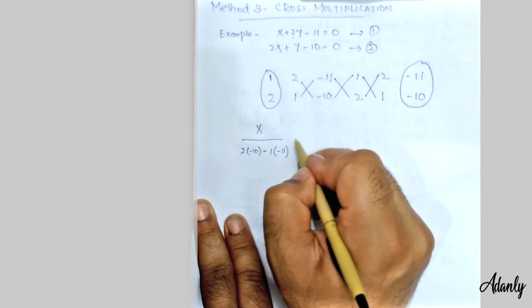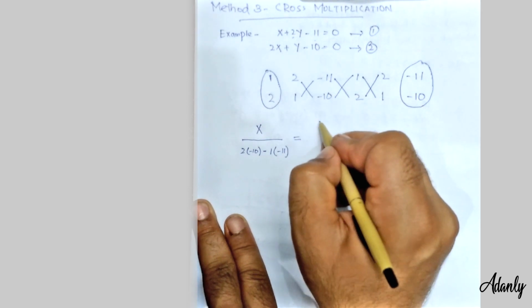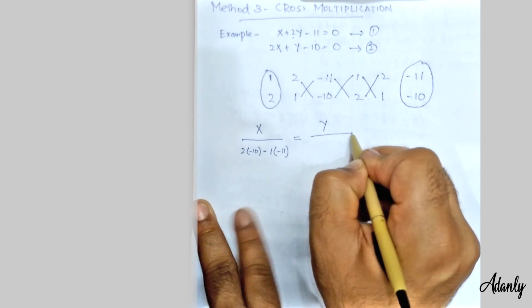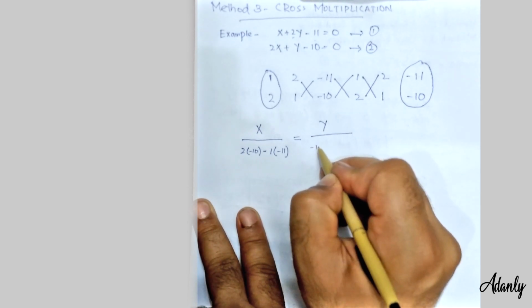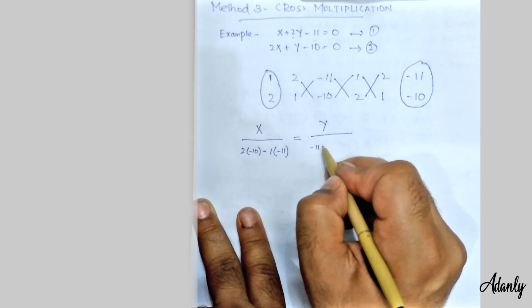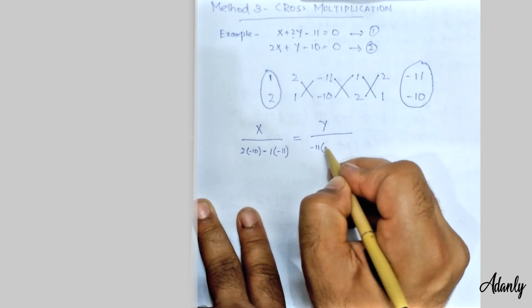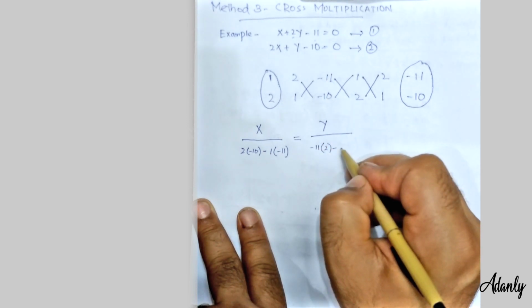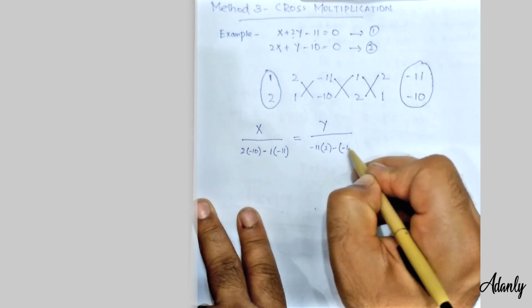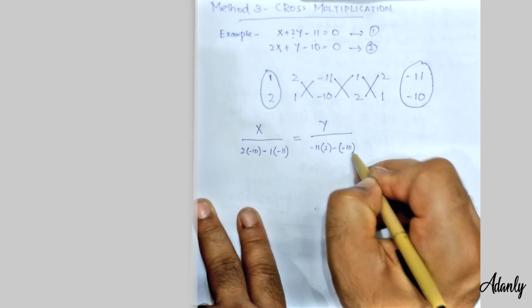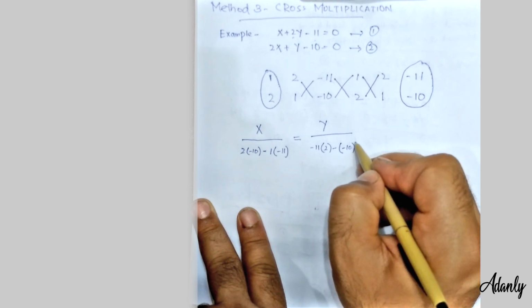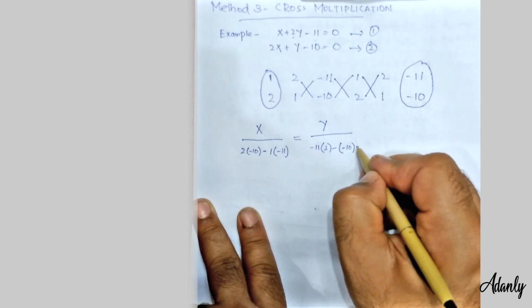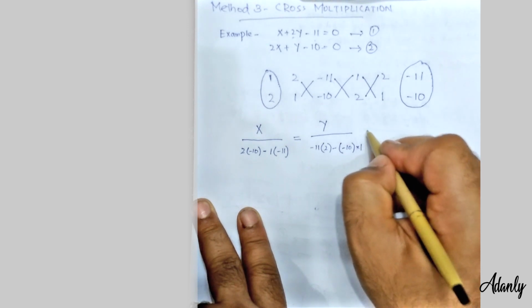Then we will write equals, and we will write y over here, divided by minus 11 into 2 minus, then we have minus 10, so we write in bracket minus 10 multiplied by 1, and we write equals.